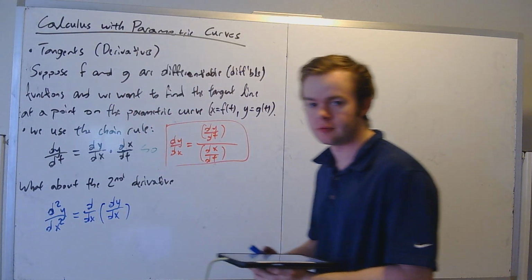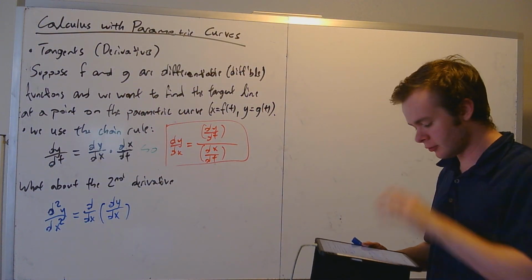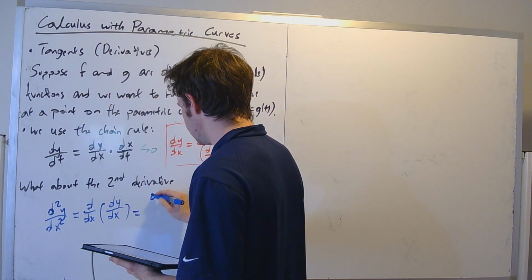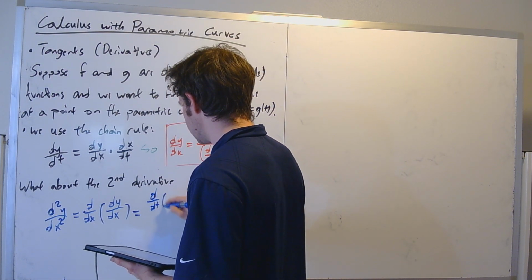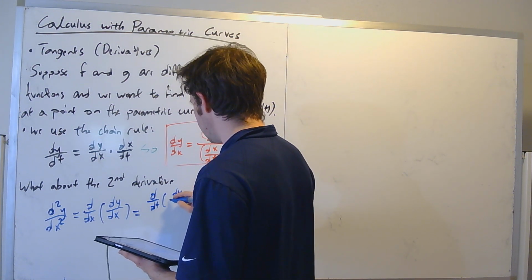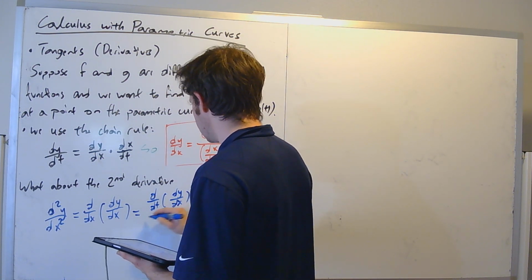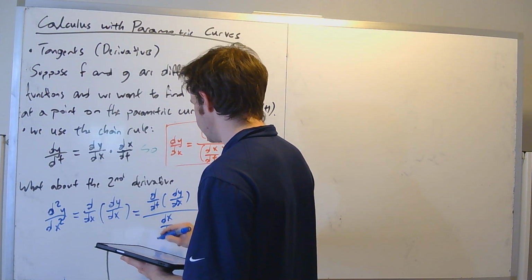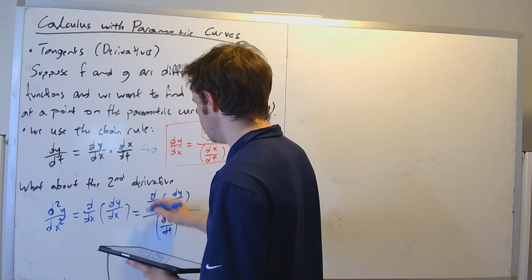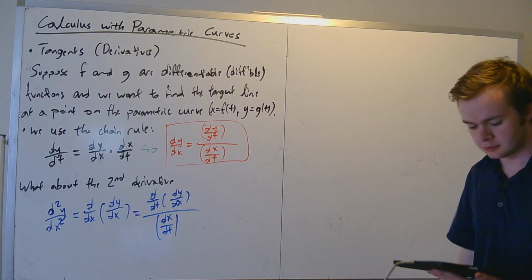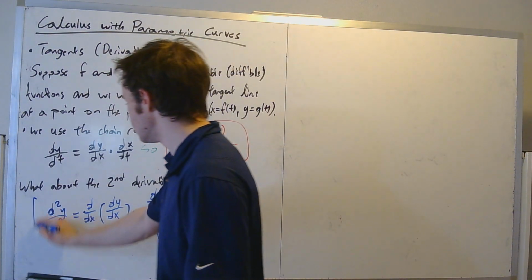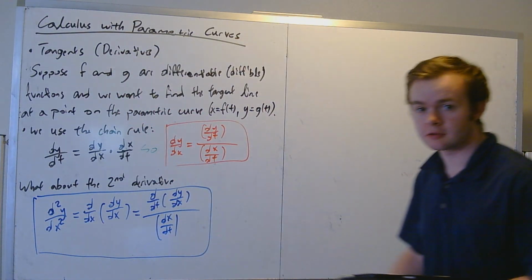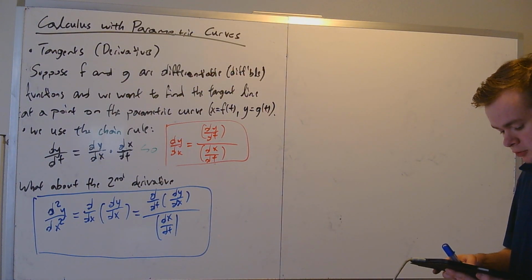Because it's the second derivative. We take the derivative of the first derivative, and if we rewrite this, we can say that this is d by dt of dy by dx divided by dx by dt. So again, we rearrange the chain rule in order to get this fraction right here, but this is how we would find the second derivative of y with respect to x whenever we're dealing with these parametric equations.